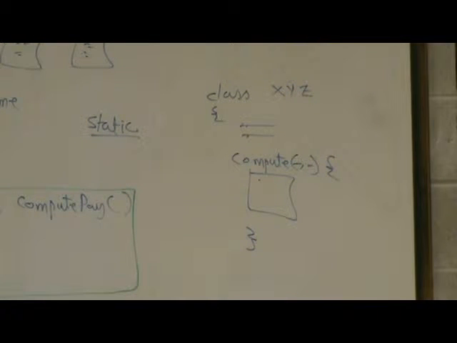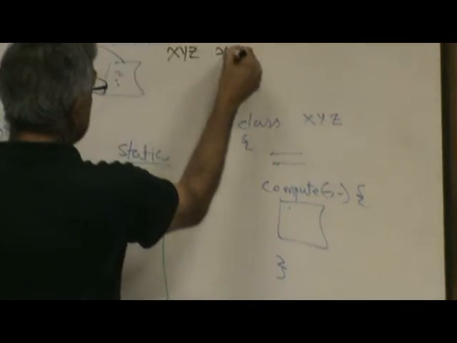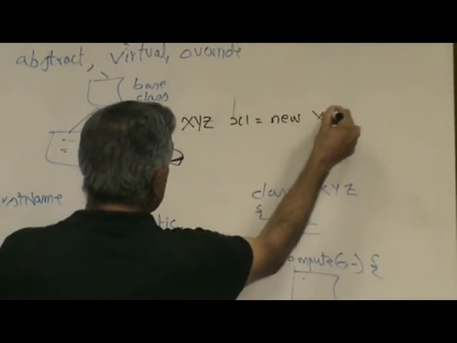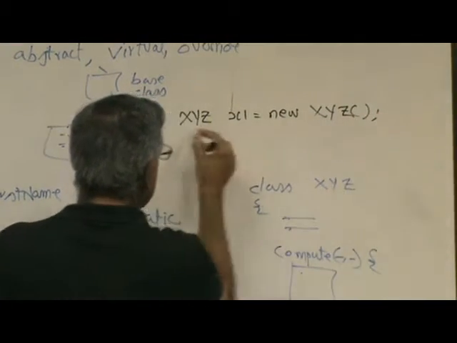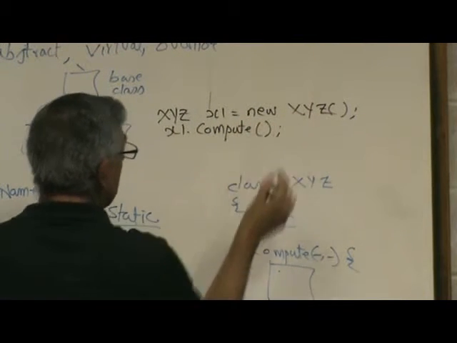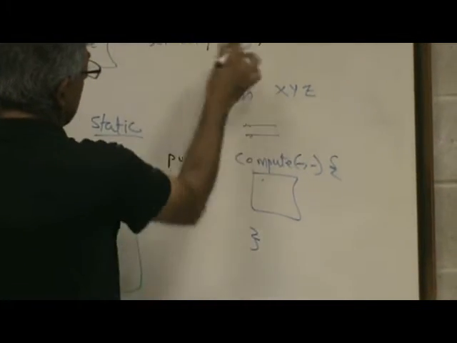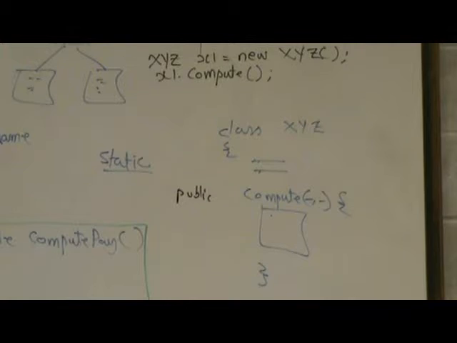So that's the time to make the caller's life easy, so that the caller does not have to create xyz x1 equals new xyz, and then x1.compute. If this was not marked static, then the caller will have to write some code like this, right?